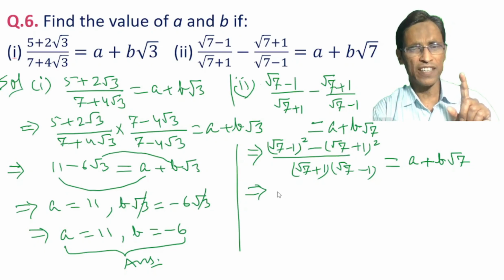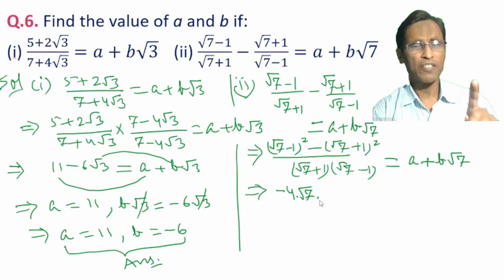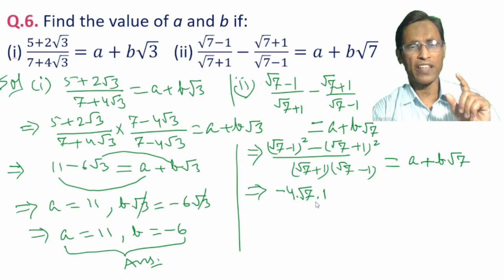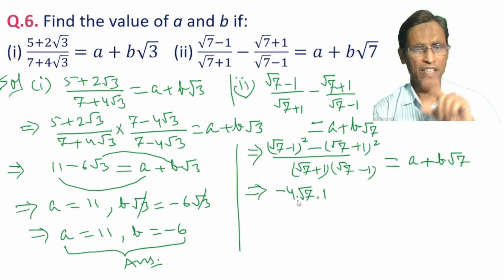And so we write here directly minus 4a. a stands for root 7, so we replace a by root 7, and b stands for 1, so we replace b by 1. And then in the denominator, root 7 plus 1 into root 7 minus 1 gives root 7 square minus 1 square, means 7 minus 1.